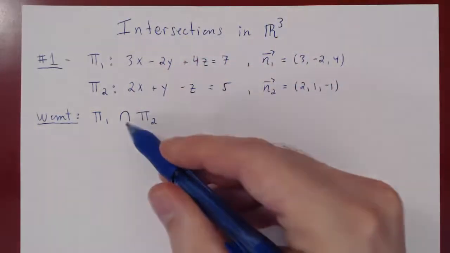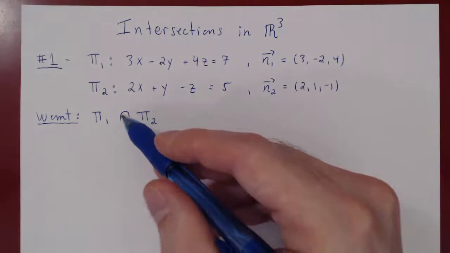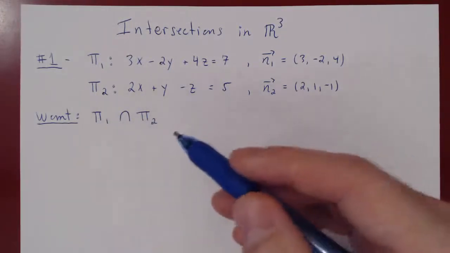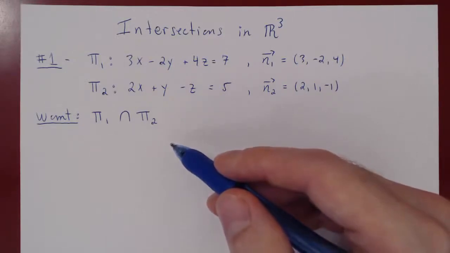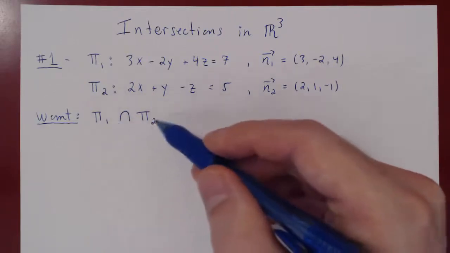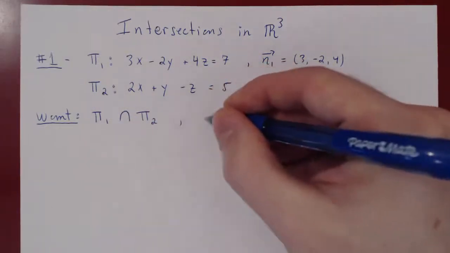So this symbol means intersection, and so we look for the intersection between plane 1 and plane 2, and the intersection, of course, is where the two objects meet in space. Therefore, we're looking for points that are common both to the first and the second plane.